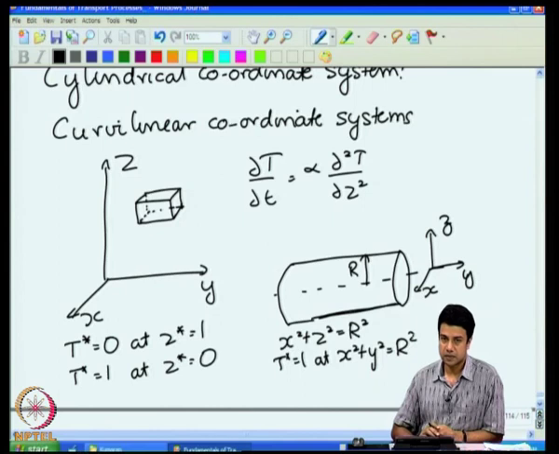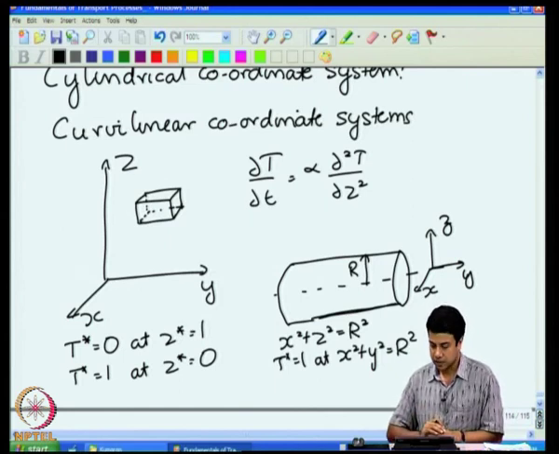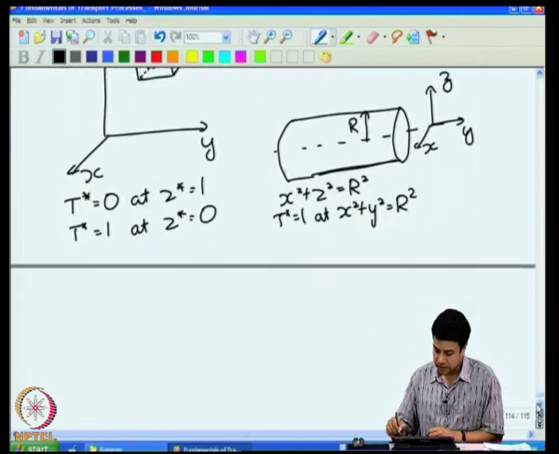And that makes the situation far more complicated. That is the reason why we go to a curvilinear coordinate system, a coordinate system which has the same symmetry as the configuration being analyzed. In this particular case, we are analyzing a pipe. So, I could choose a coordinate system in which one of the coordinates is the distance from this axis. So, that was the basis for choosing curvilinear coordinate systems.